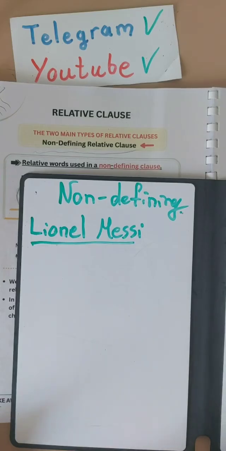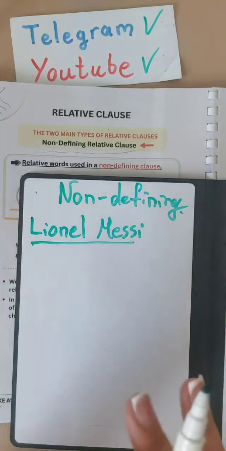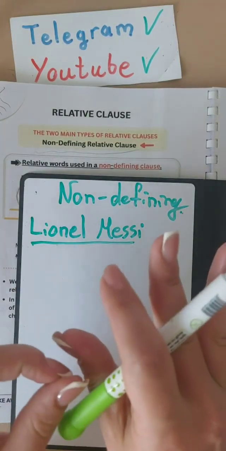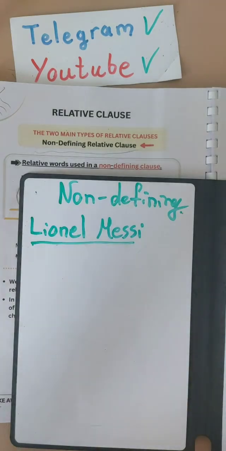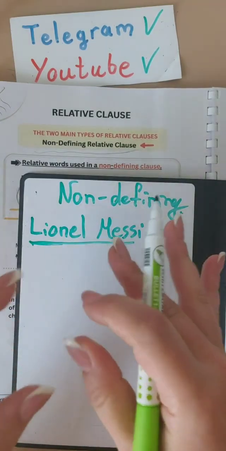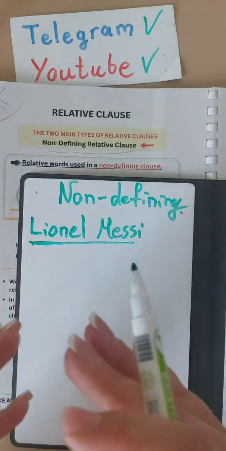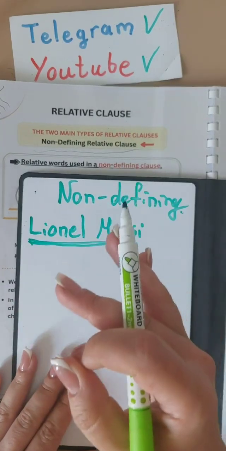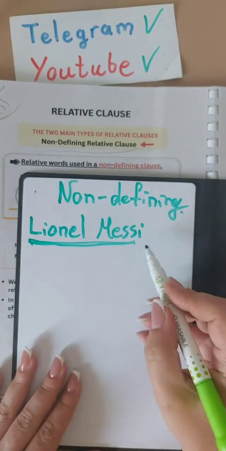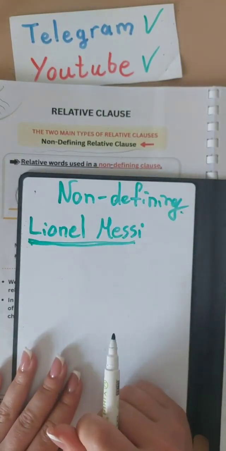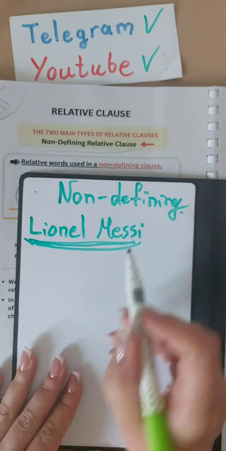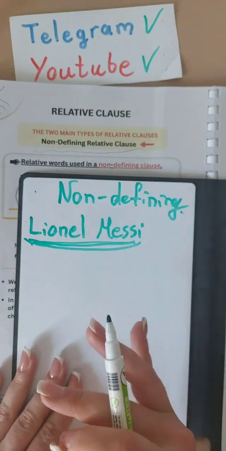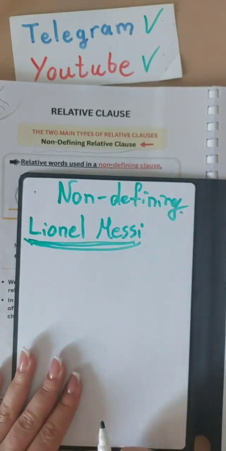Someone's asking, who is he? Okay, so even if you don't know who Lionel Messi is for whatever reason, grammar doesn't care about it. It's a grammar rule. When we start a sentence with a famous person, we usually add only extra information because this person doesn't need essential information to be identified.